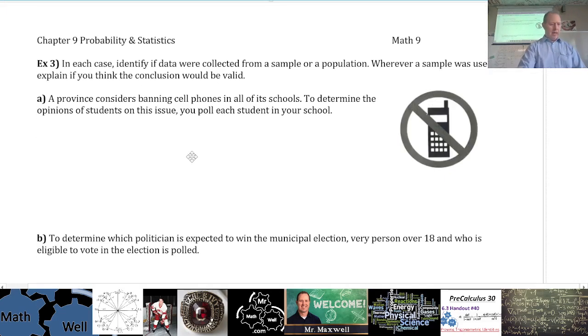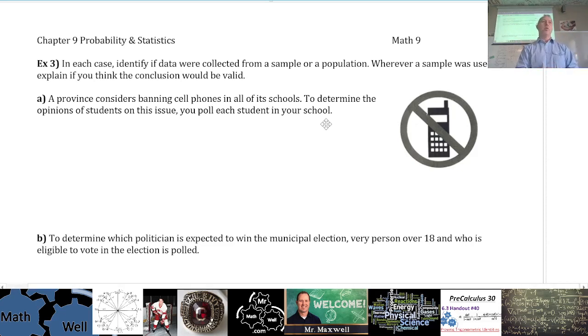So, example A in 3 says, a province considers banning cell phones in all of its schools. To determine the opinions of students on this issue, you poll each student in your school. So you poll each student in your school to find out if the province should consider banning all cell phones.